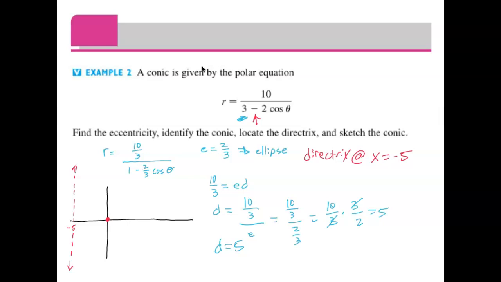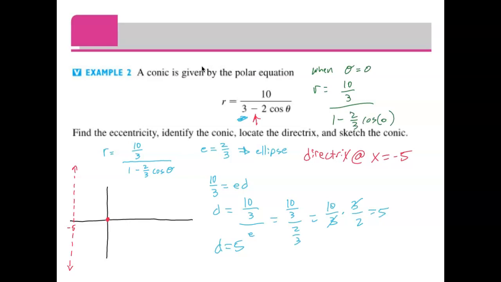So one thing we can do is figure out what the radius is when theta has certain values. So when theta is 0, for example, what's my radius? r equals (10/3) over 1 minus 2/3 cosine of 0.